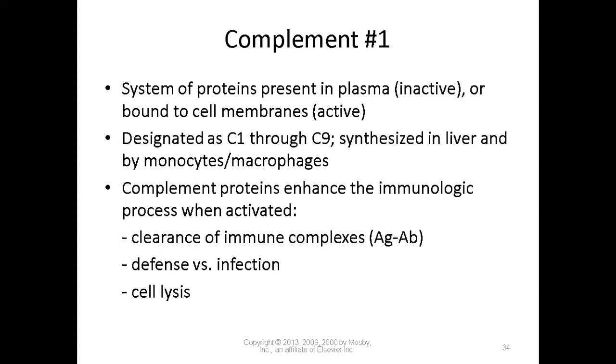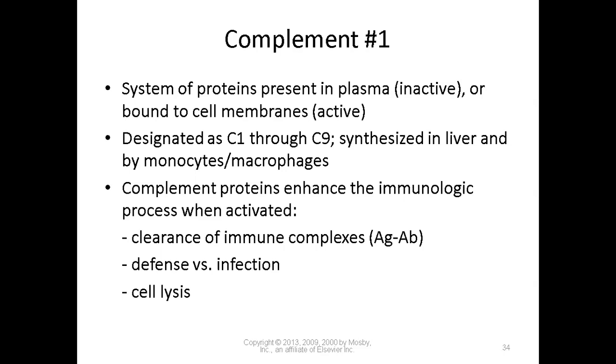So I kind of liken complement to coagulation. If you recall, in hematology, maybe you'd like to forget the coagulation cascade. That was also a series of proteins that, when activated, the result is a fibrin clot in the coagulation system.